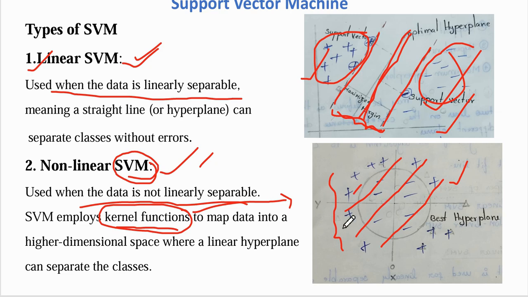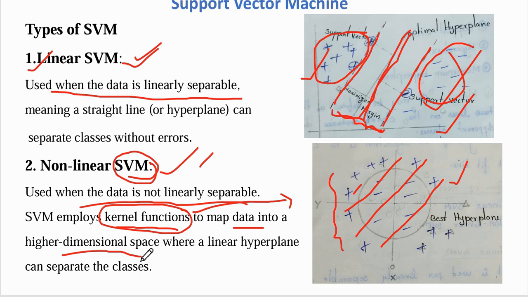Here we have two-dimensional data. If we convert this two-dimensional data into, for example, three-dimensional data, then there may be a chance to separate the positive class and negative class. That is the main concept of the kernel: map the data into high dimensional space. When we convert low dimensional data into high dimensional data, there is a chance to linearly separate the data.